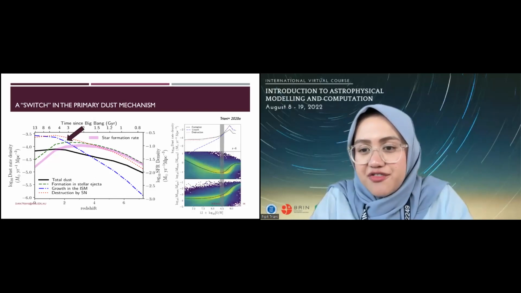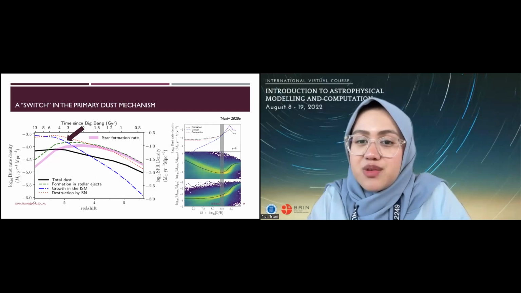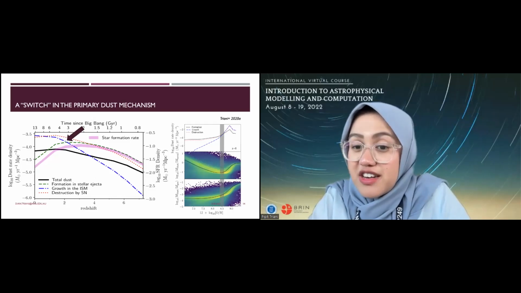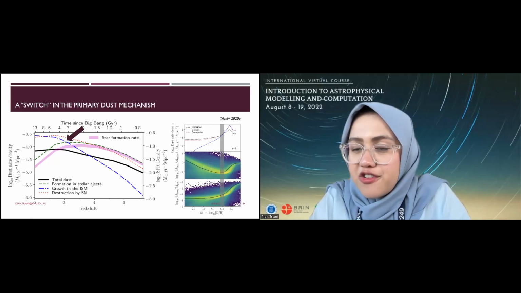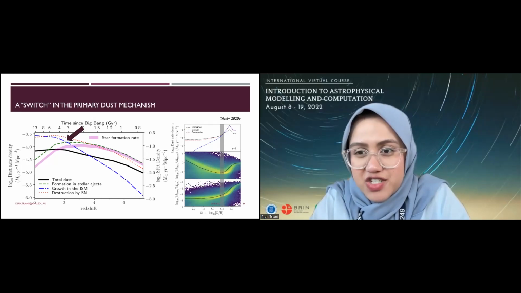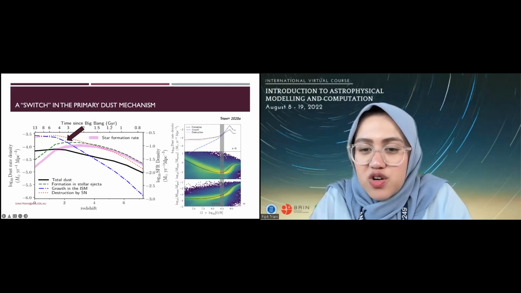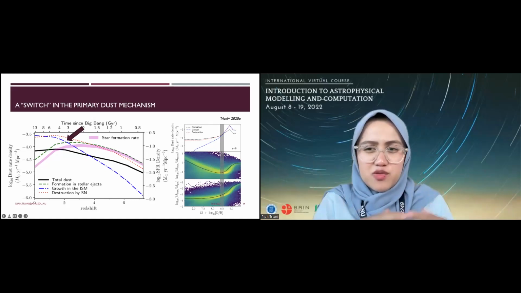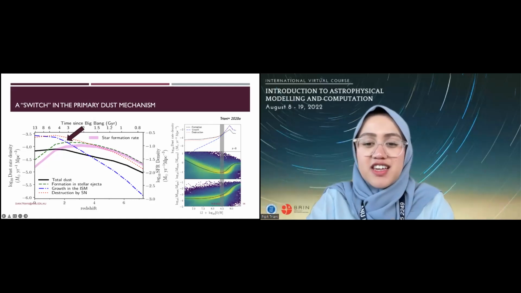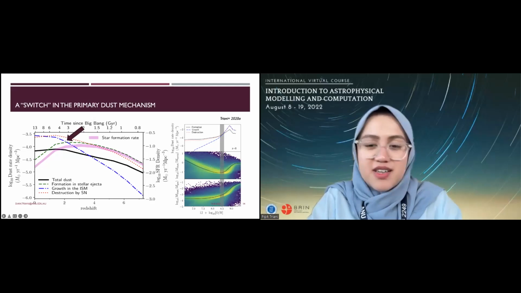This switch is then reflected in the relation between the dust-to-metal ratio and the dust-to-gas ratio versus the gas phase metallicity. The dust-to-gas ratio is basically the ratio between the infrared luminosity and the total gas luminosity.